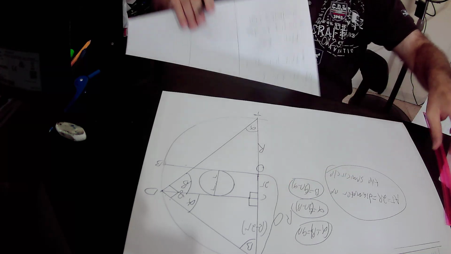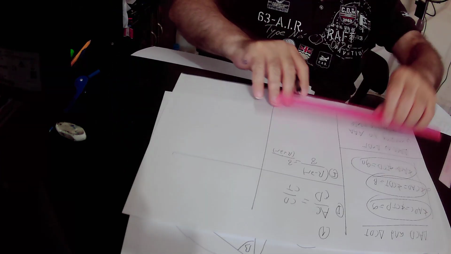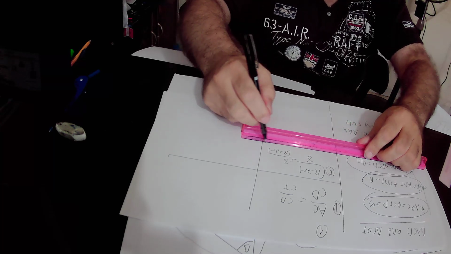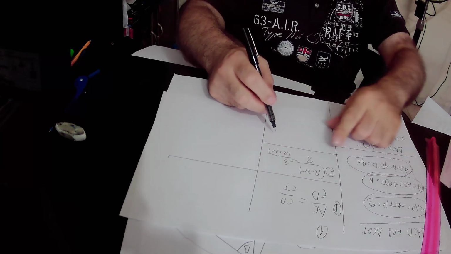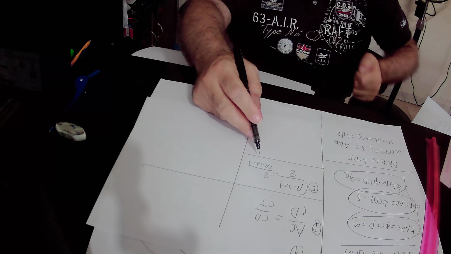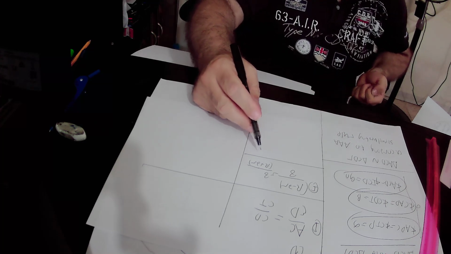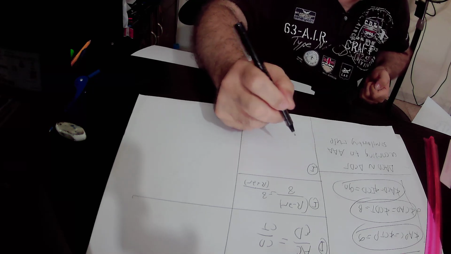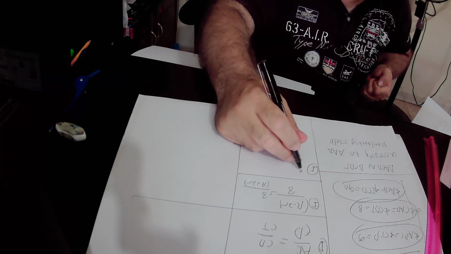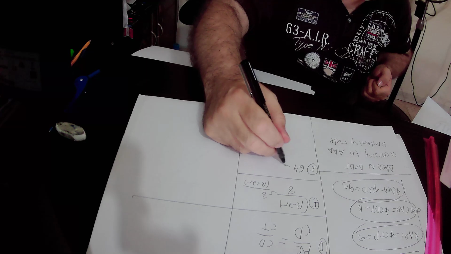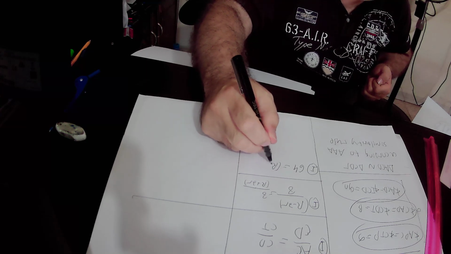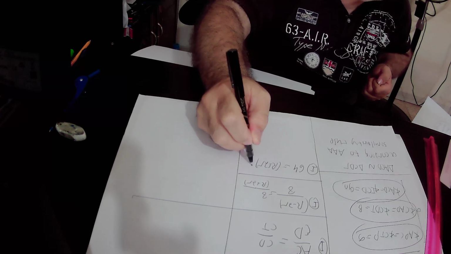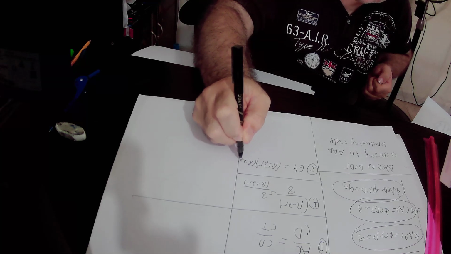So in conclusion, according to equation number 1, capital R minus 2R over 8 equals 8 over capital R plus 2R. Here we cross multiply, and we get that 8 times 8, which is 64, equals capital R plus 2R times capital R minus 2R.